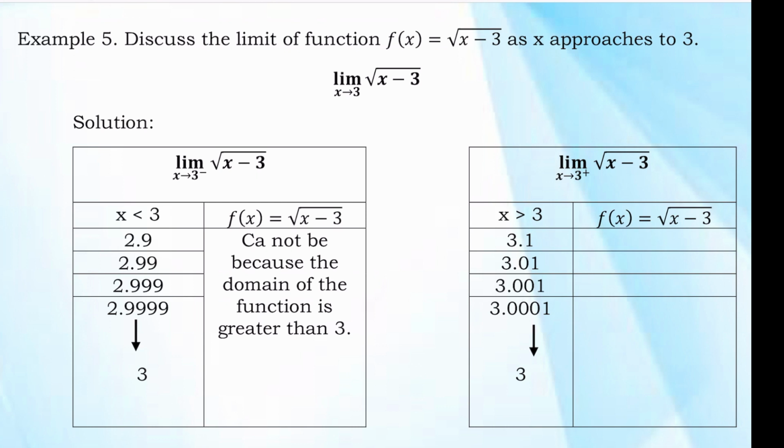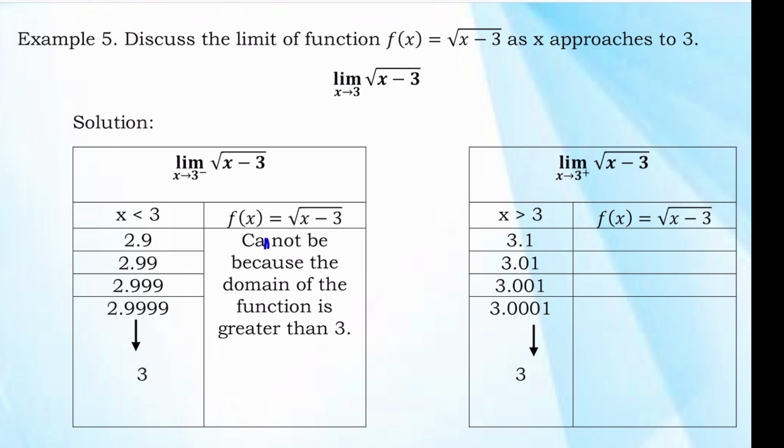But if we're going to use these values of x in the function, for example 2.9, then 2.9 minus 3 is negative 0.1. So the radicand will become negative. So this cannot be.